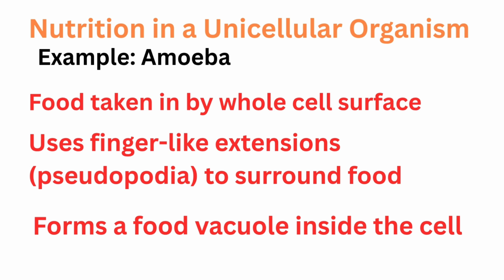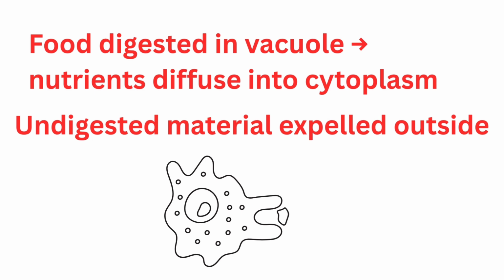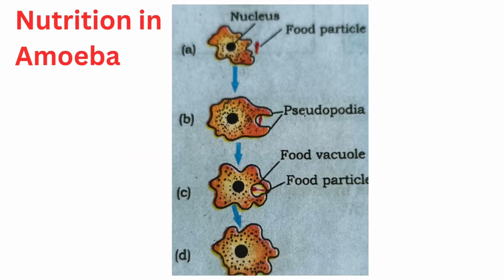They are false fingers, not original fingers, and they use these pseudopodia to surround the food particle, and as a result, a food vacuole is formed. And inside this food vacuole, what happens? The food is broken down into simpler substances, which then spread into the cytoplasm. Then what happens to the undigested material here? The undigested material is moved to the cell surface and thrown out.